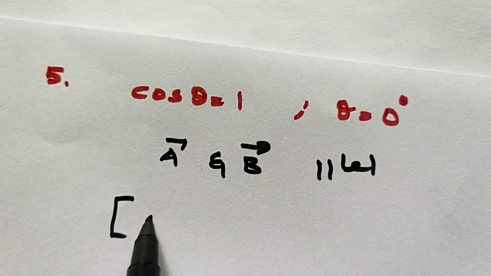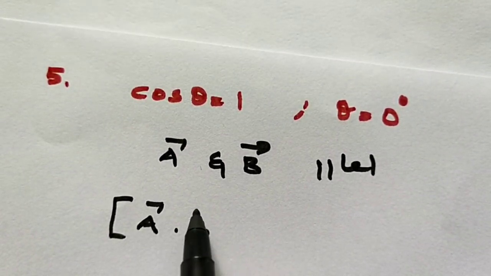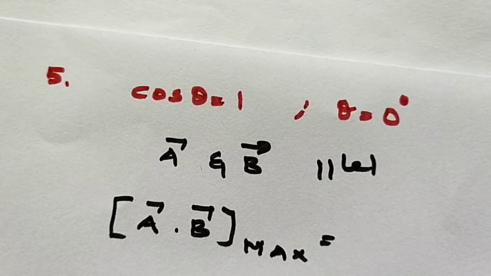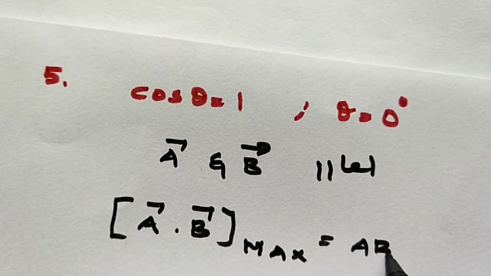Write down A vector dot B vector is maximum, that is AB.